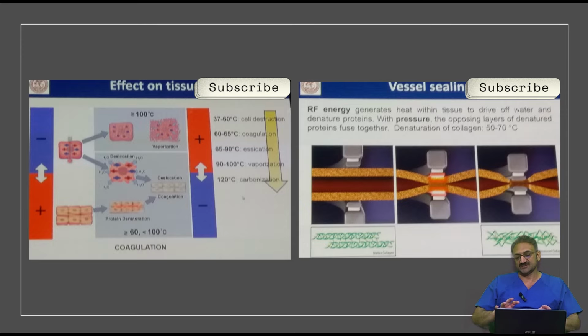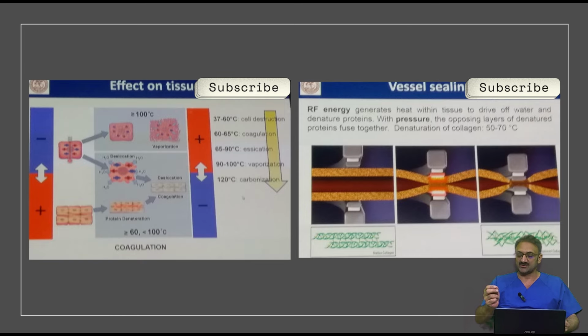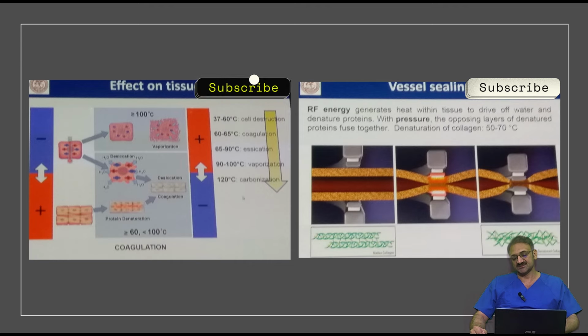These are the factors on which the desirable effect depends, whether you just want to fulgurate that area, coagulate the area, or cut the area along with coagulation. So this is how it works.